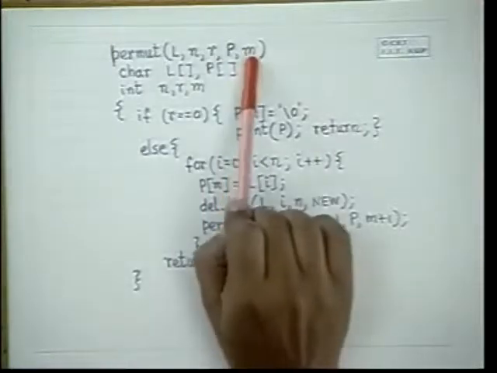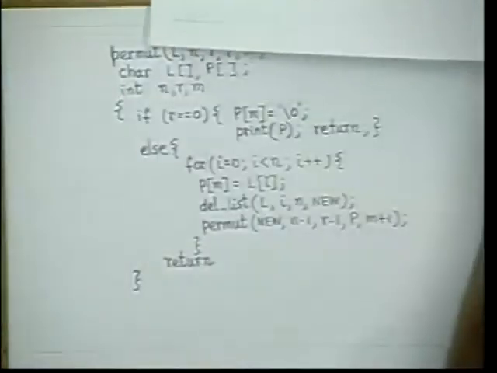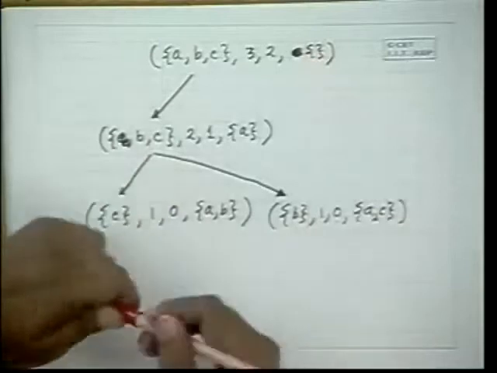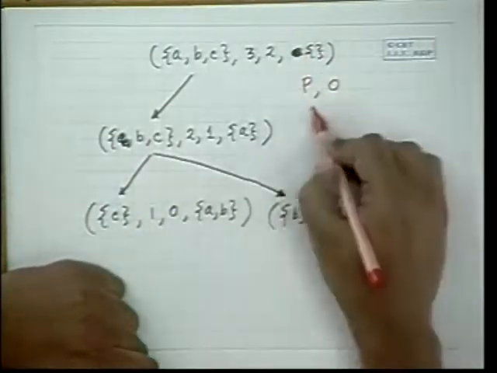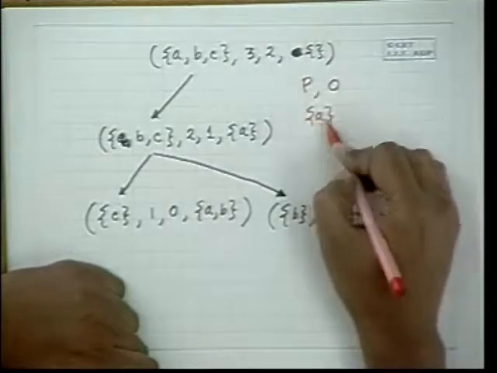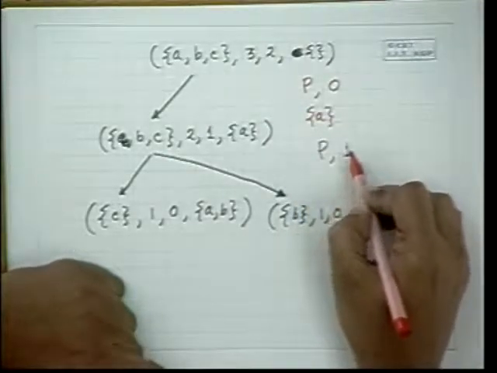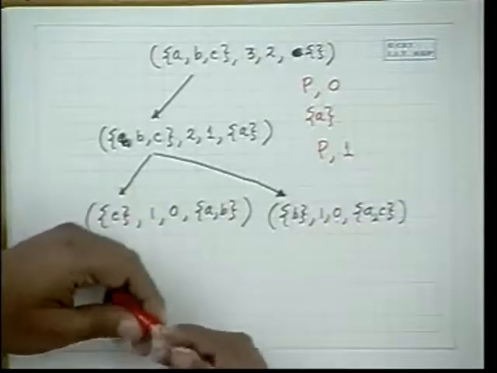That is, you will initialize M to 0 and call it, to indicate that this is null, we will pass P with 0. If this is A, if P is A, we will pass P with 1, saying that if you want to insert another element, you insert it at the next position. Okay.